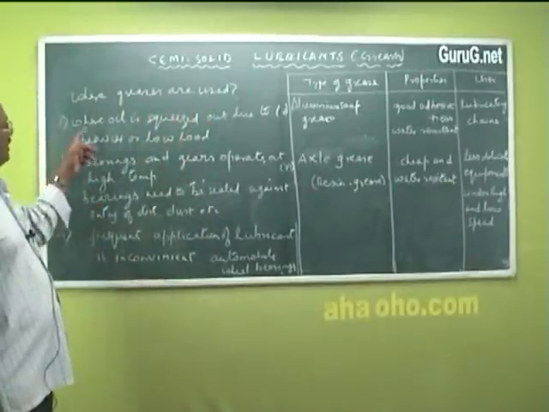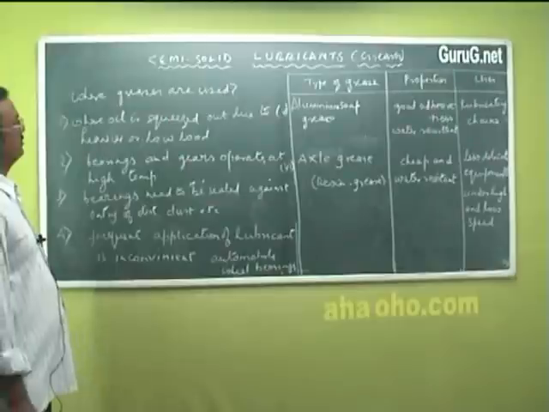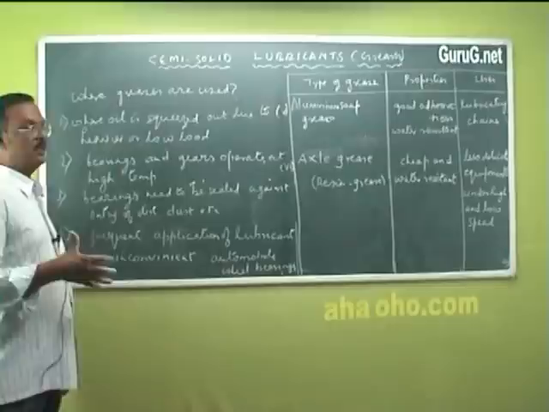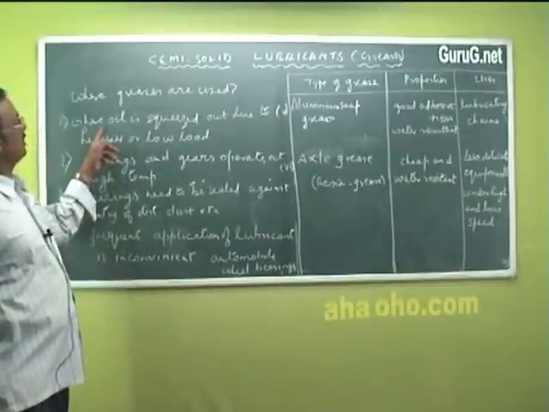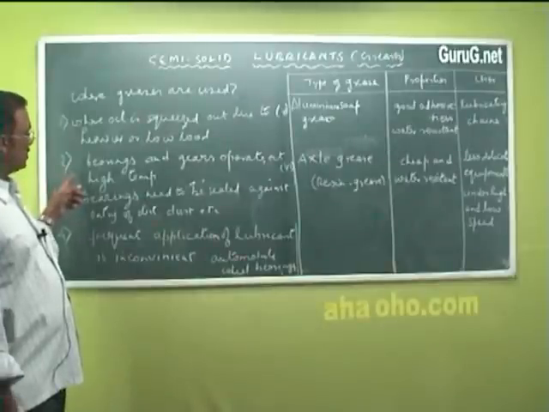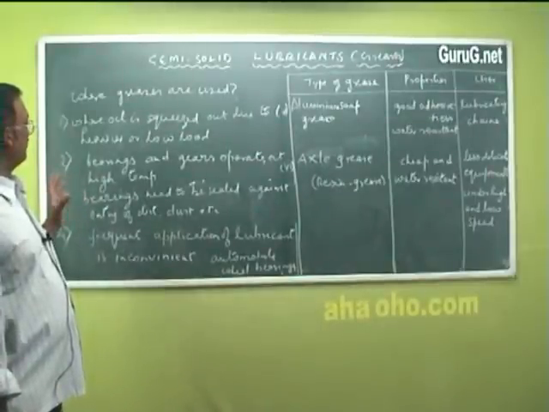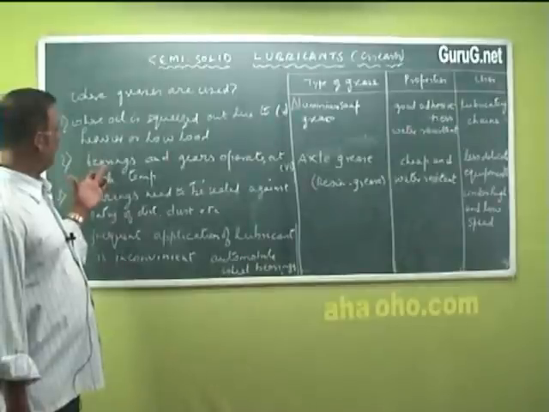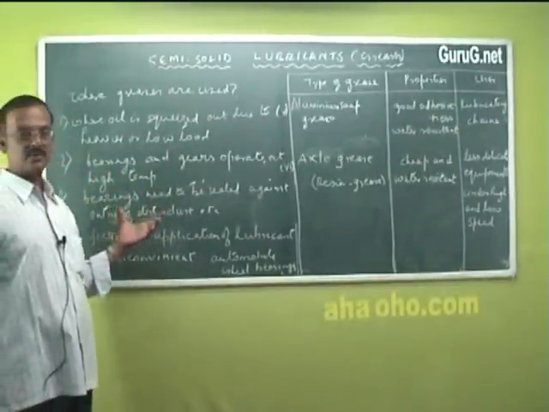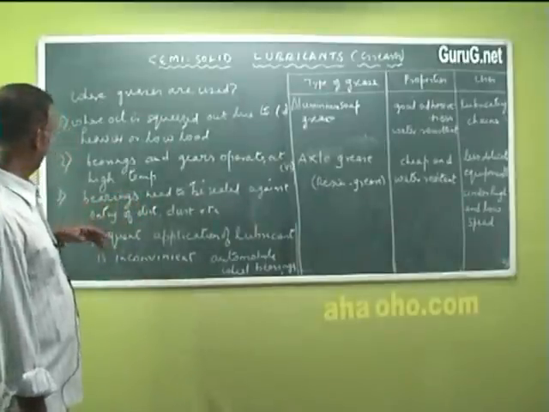Greases are used where oil is squeezed out due to heavy or low load. Under these conditions, greases are used. Second, it is used in bearings and gears which operate at high temperature, so that will reduce the friction.